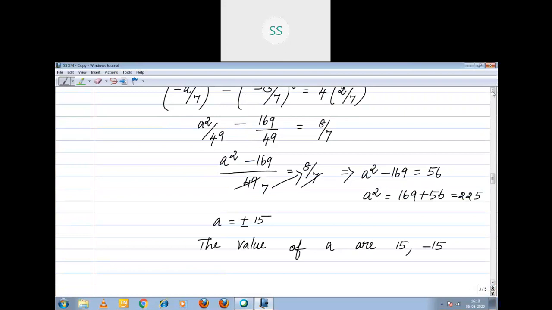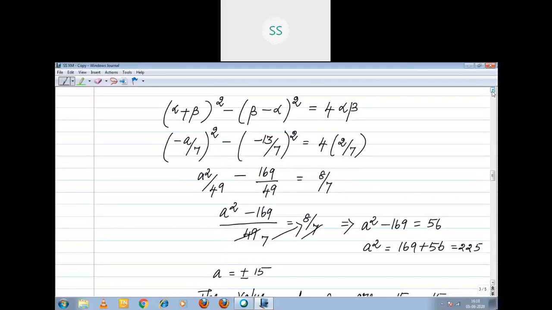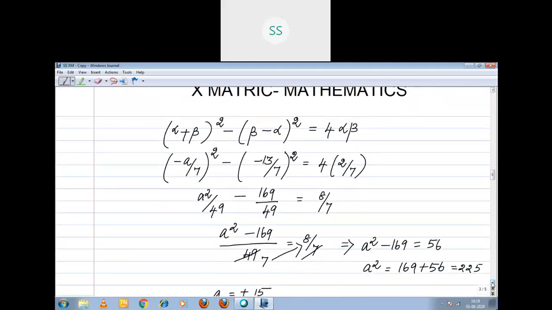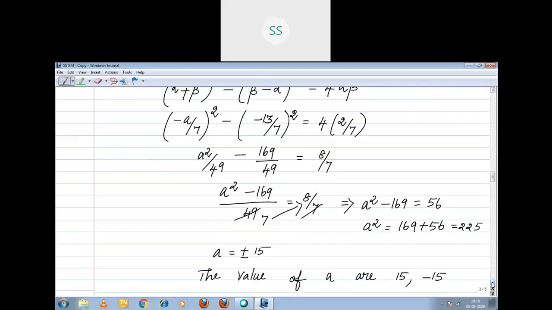Instead of elimination, this is easy because you know the value of alpha plus beta, beta minus alpha is given, alpha beta you know. From the given data you are framing one format, right? Then you can substitute, you can arrive at the solution A equal to plus or minus 15. Right, children? Shall I move to the next question?